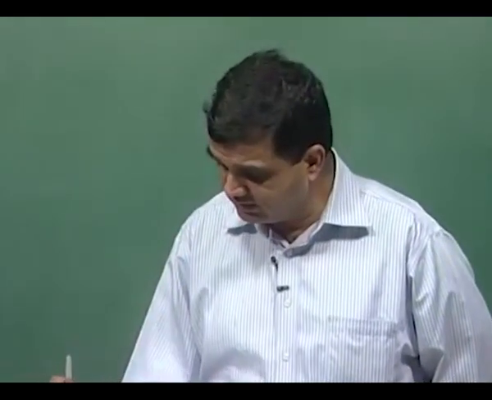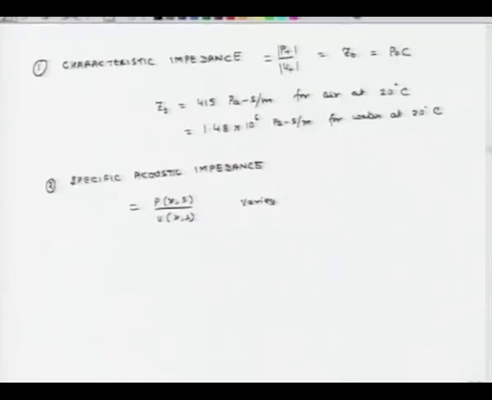So, this varies with x and s. Okay. And this is designated as z, and z could be a function of, we already mentioned, x and s.